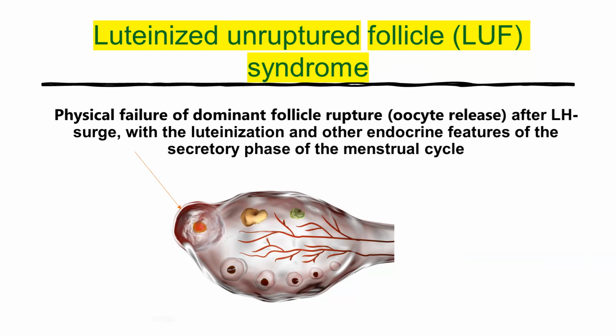So the patient has an LH surge, if you measure LH, but the follicle does not rupture, and the follicle is retained or entrapped inside the ovary with luteinization and other endocrinal features of the secretory phase of the menstrual cycle.